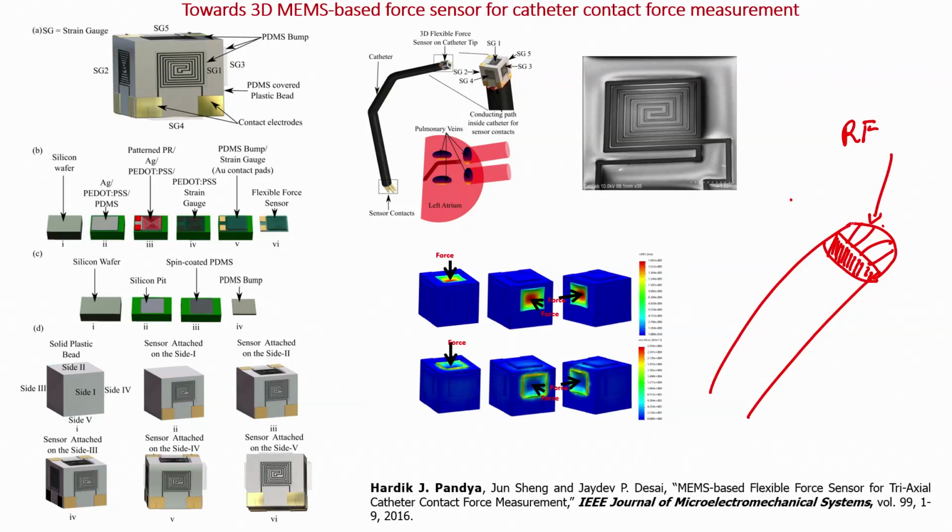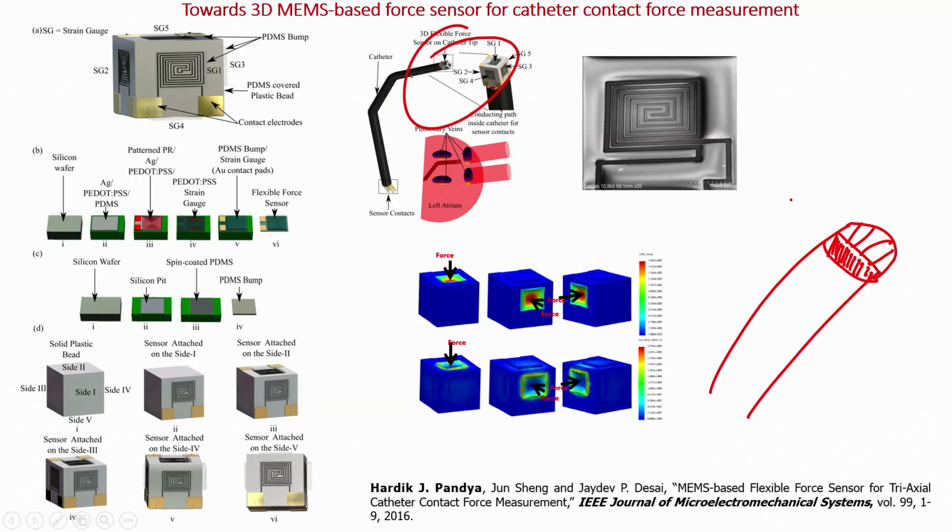So, if I have a force sensor sitting on the tip, which I have shown here, it is very difficult. The burning of the tissue, the heat that is generated, may cause damage to the force sensor. So, we cannot have the force sensor at the tip of the catheter as shown here.